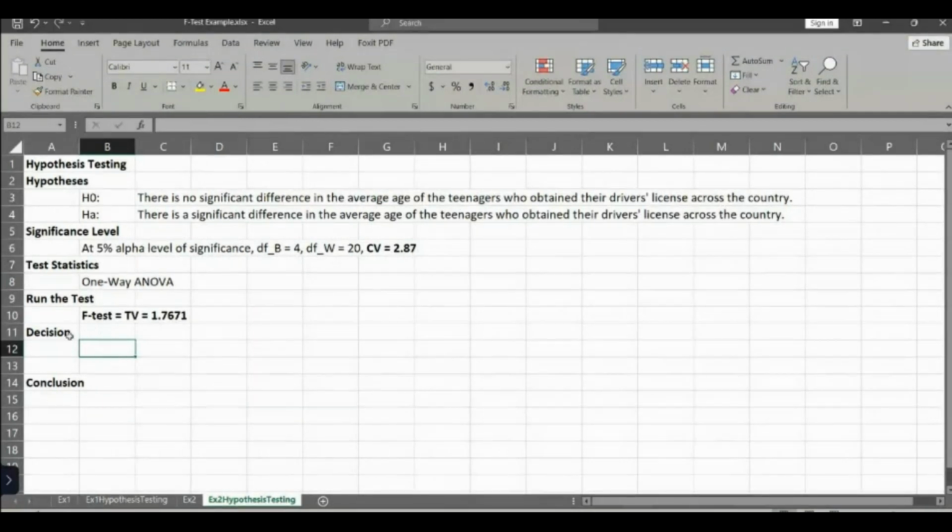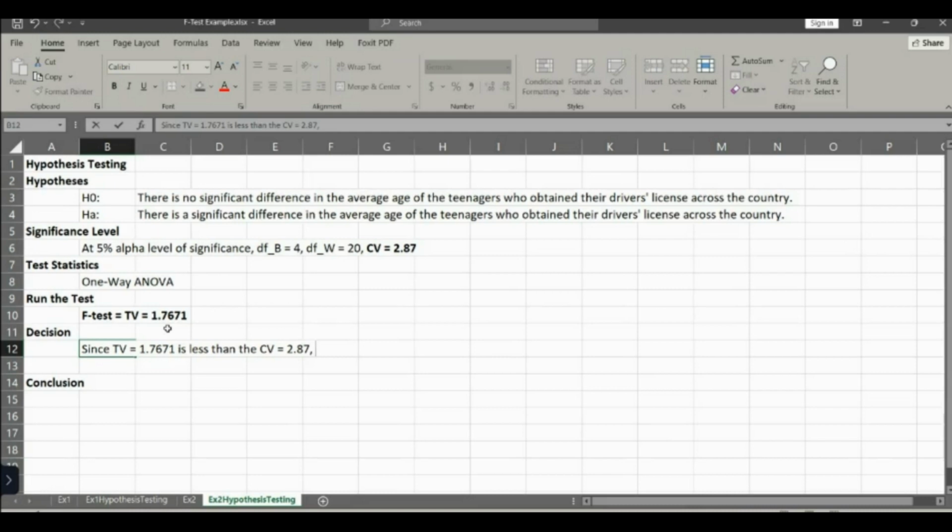Again, what would be our decision here? How can we write the decision? Since TV, or that is 1.7671, is it greater than or less than? Less than the CV, which is 2.87.